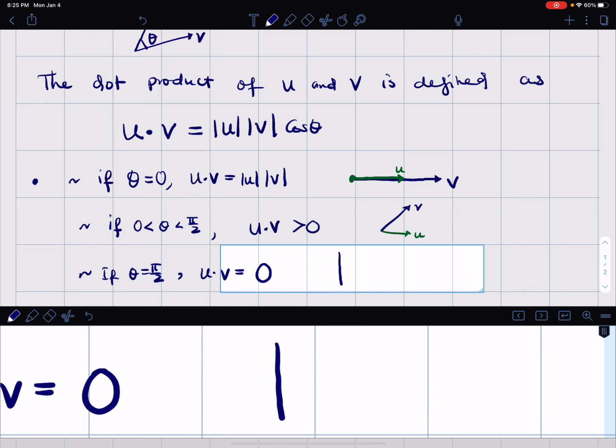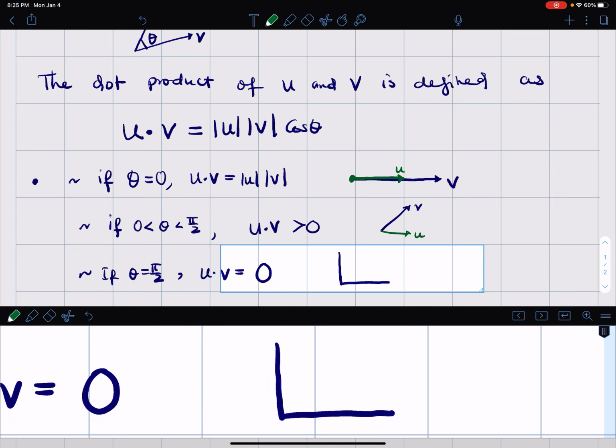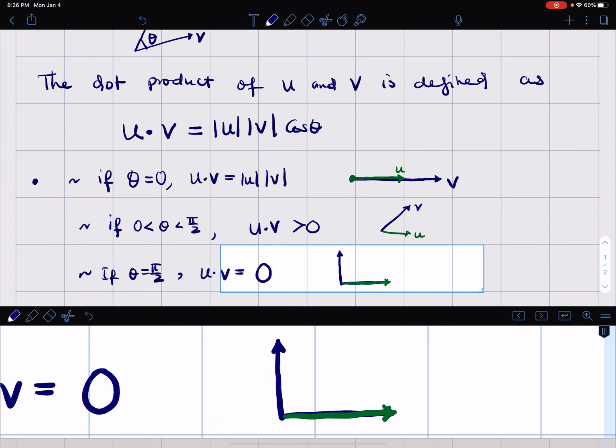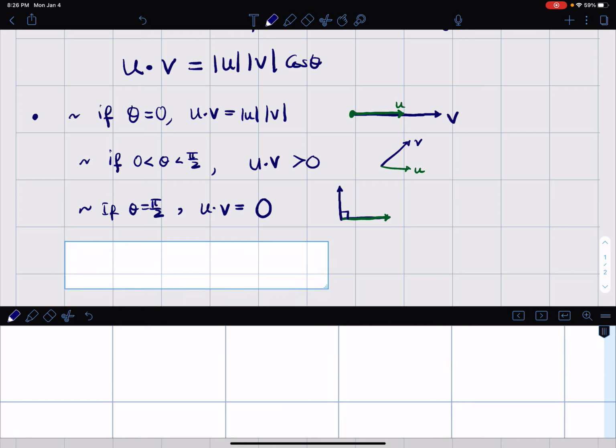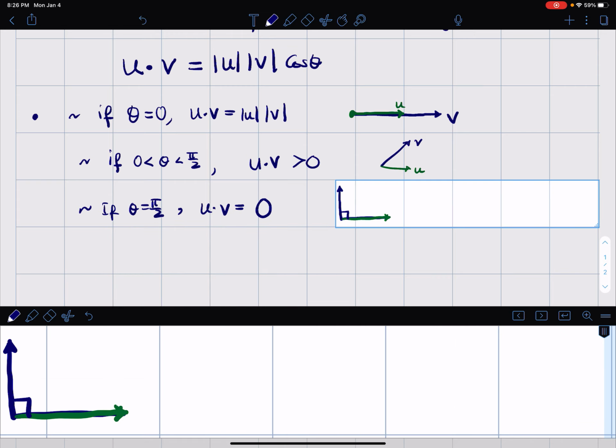So if you have two vectors like this, their dot product is always going to be 0. Okay. So we say that they are orthogonal to each other. So orthogonal.